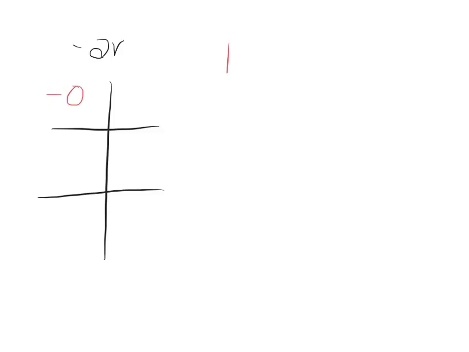So if we take the verb like hablar, okay, the first thing we're going to do is remove this ending and write the stem. Then we're going to take our corresponding ending and put that onto the end of the verb.